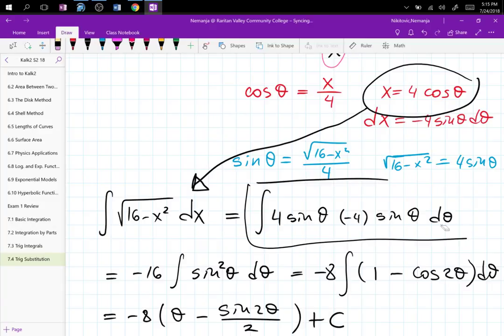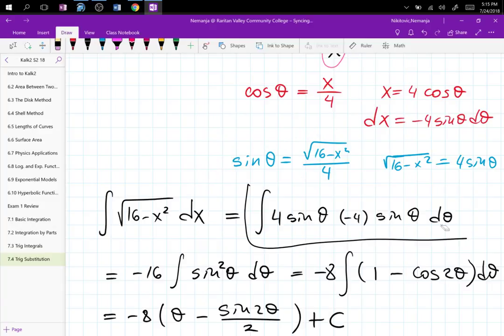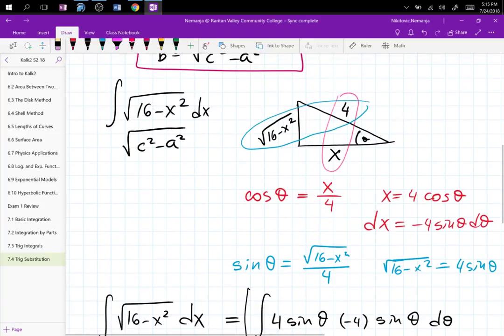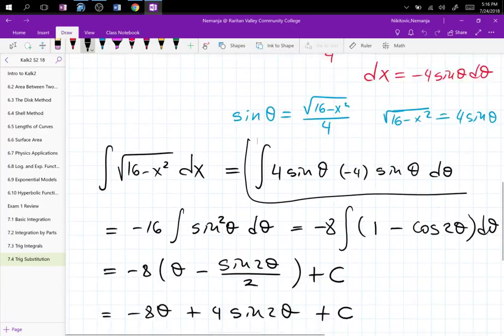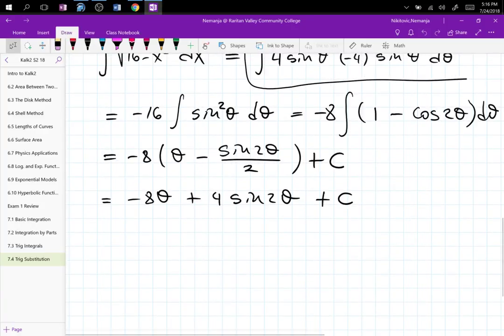But the problem with memorizing the formulas is you don't have this picture, and I do. This picture is good for setting up trig functions, but it's also equally good for setting up inverse trig functions, which is actually what we need now. Now look at this. You go here and you say, oh, I have sine 2 theta.